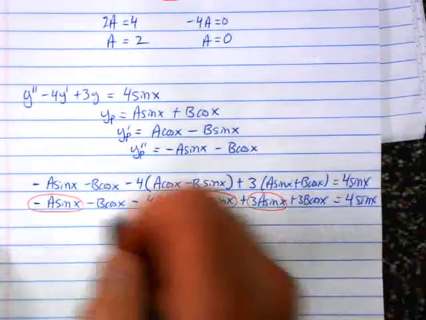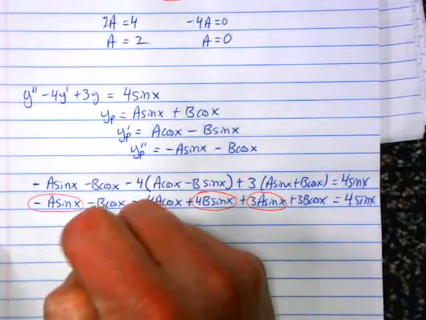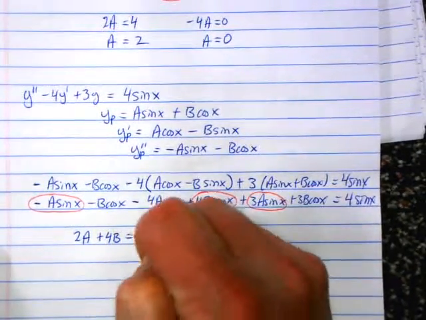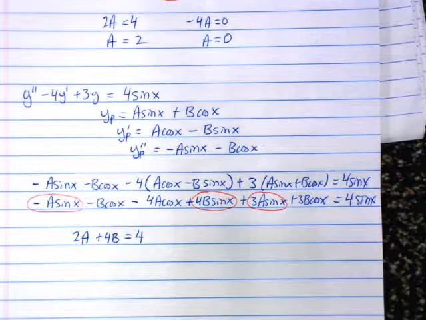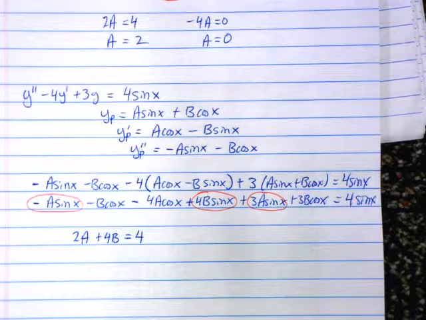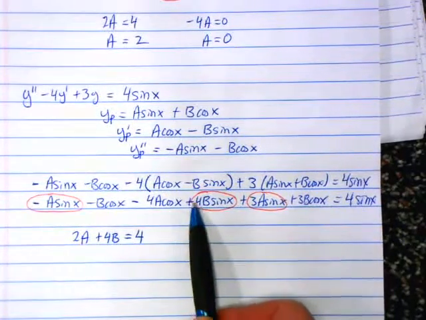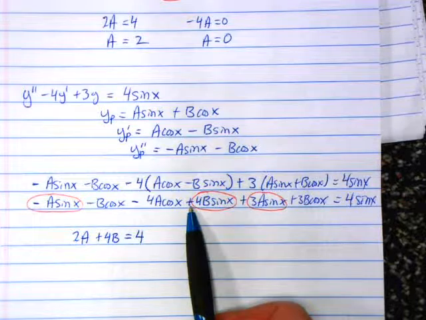So my equation becomes 2a plus 4b has to be 4. Good so far? Why isn't it minus 4b? Because this one with the sine had a plus 4b. Plus right there.